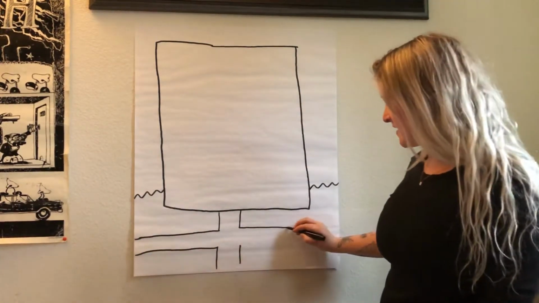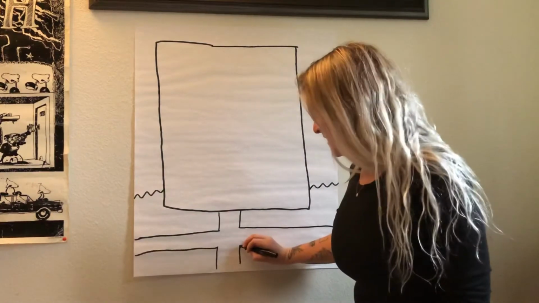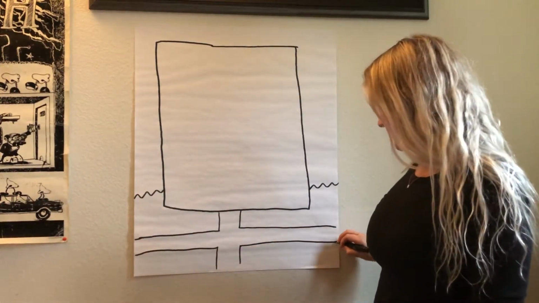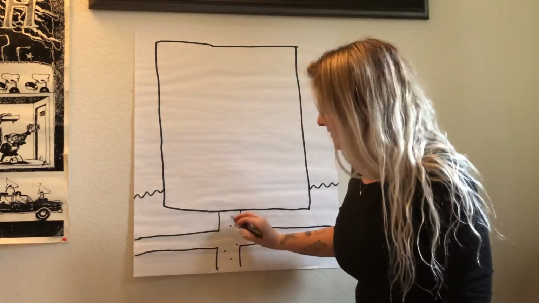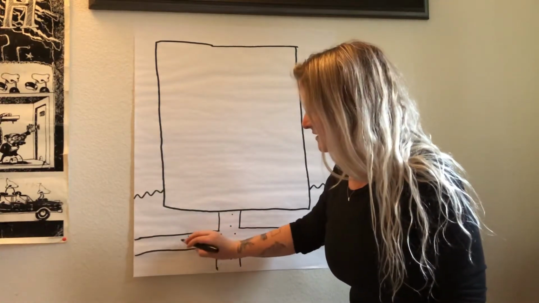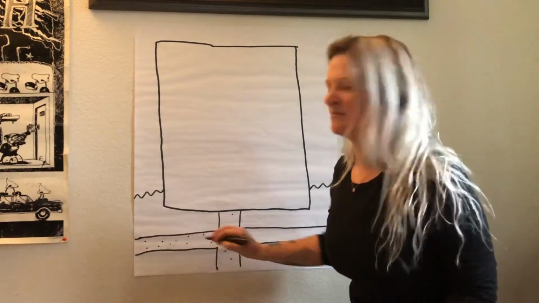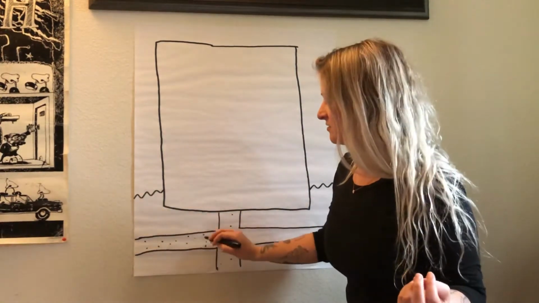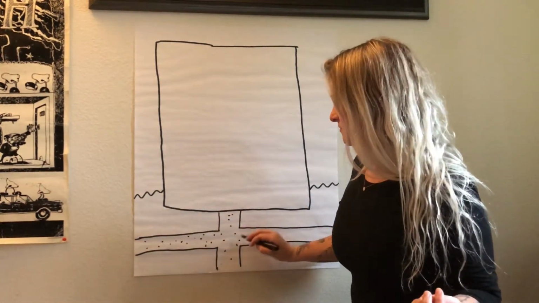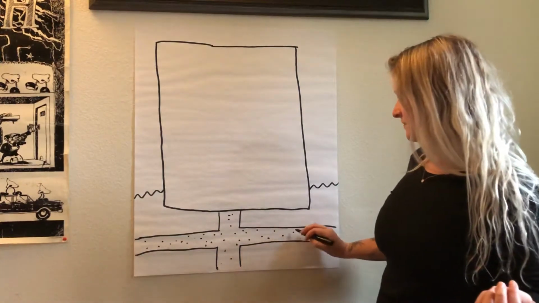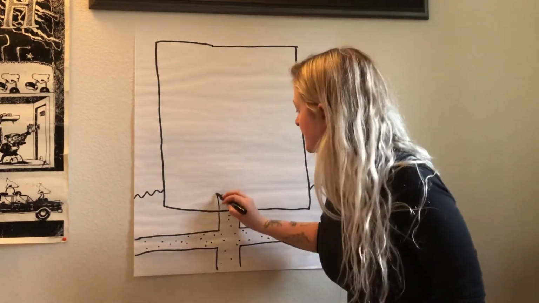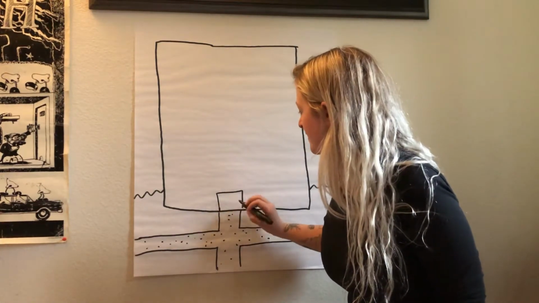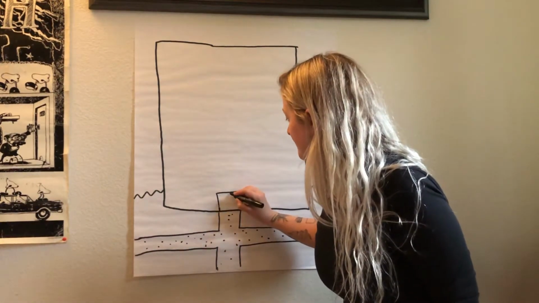Or this path leads to where the bus picks you up. Here we go. Little dots for detail, a little cement. Cement is that really, really hard ground made of concrete. Usually it looks gray or black. Here's the doors going into the apartment building where the at family lives.